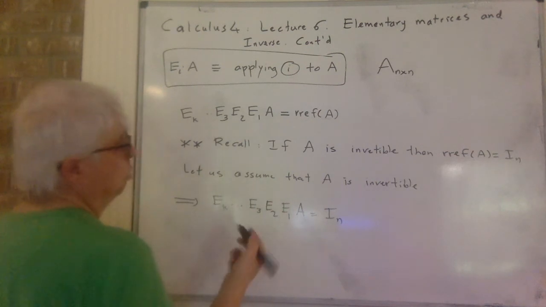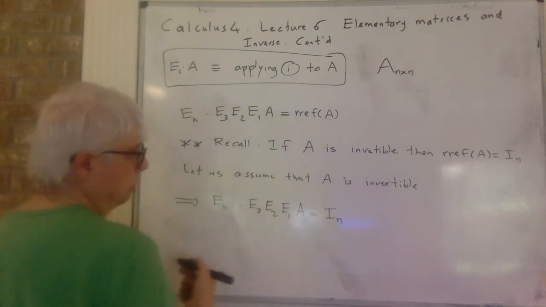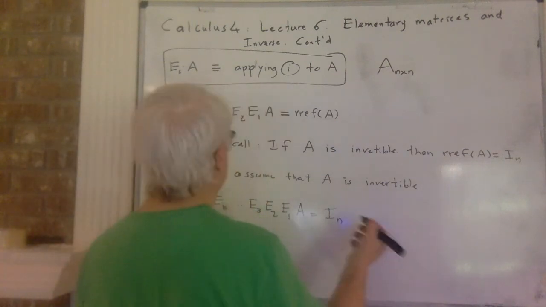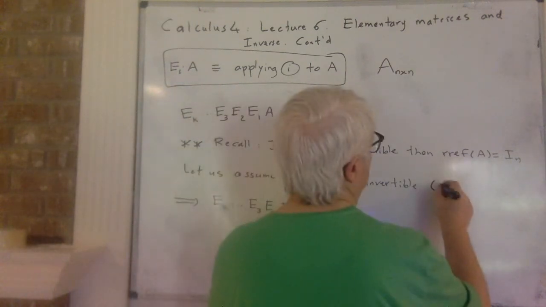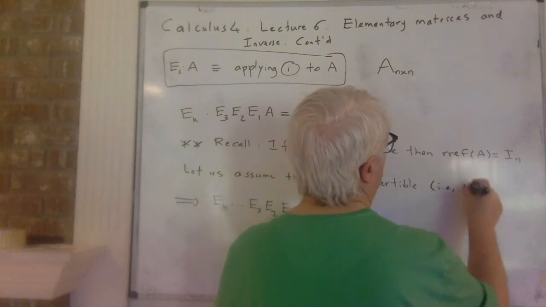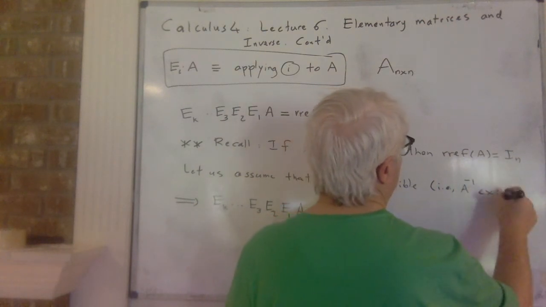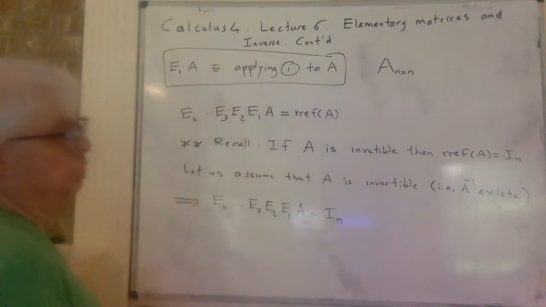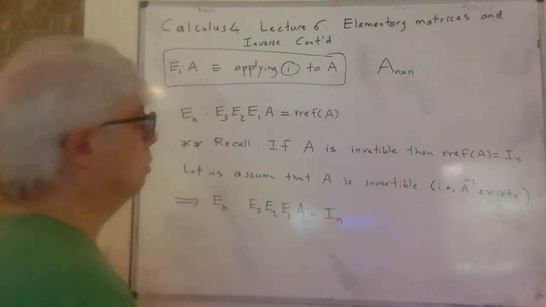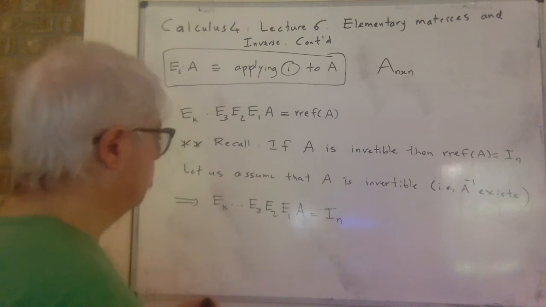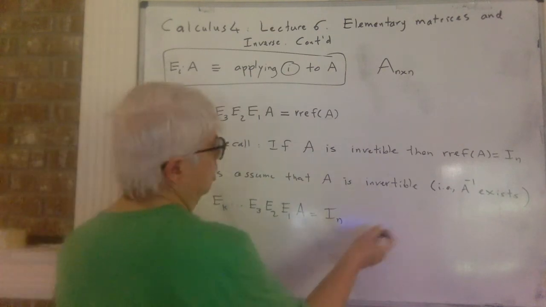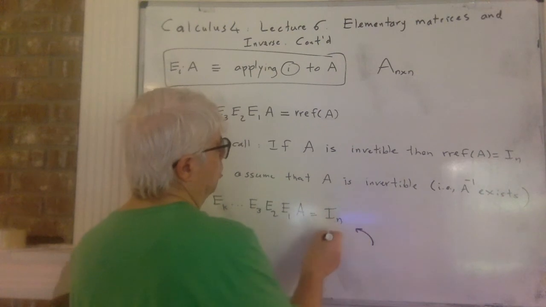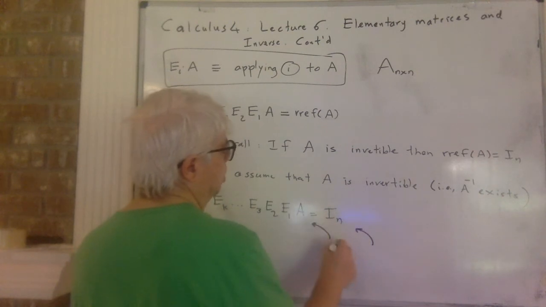Now, I'm assuming that A is invertible, which means A inverse exists. I don't know what it is, but I know it exists. If I'm assuming that it's invertible, then A inverse exists. So let's multiply from the right, sorry, let's multiply from the right by A inverse.